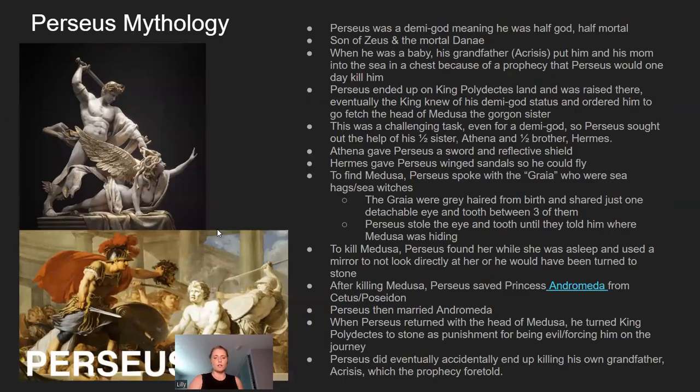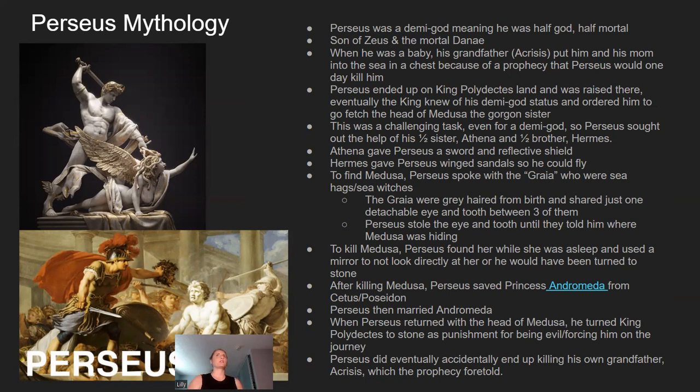energy. So I've decided if there is a repeat, I'm not going to go over it again. Do feel free to go back to the Aries video and watch me talk through Perseus mythology and whatnot.